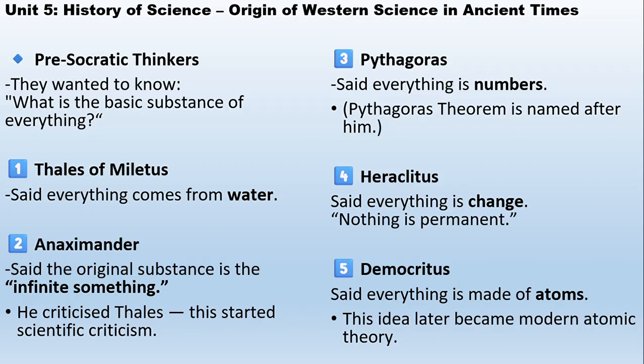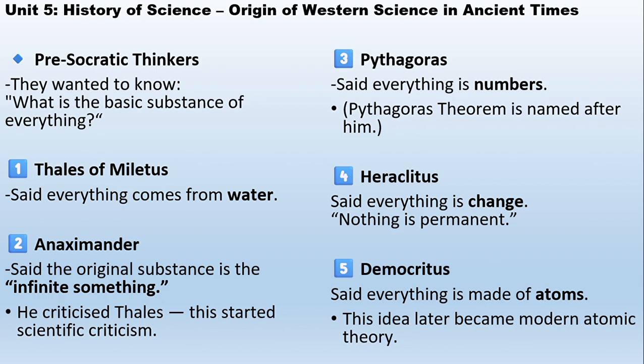He said that the original substance is the infinite substance. So he criticized Thales, and this started scientific criticism. He criticized the first person, Thales of Miletus, because his own theory says that the original substance is the infinite something.